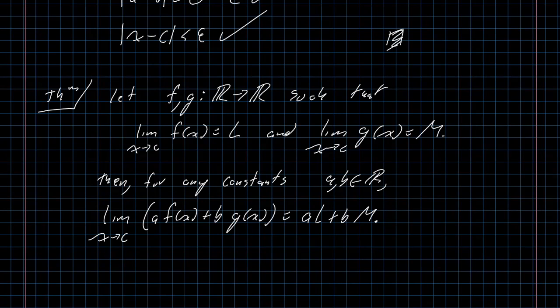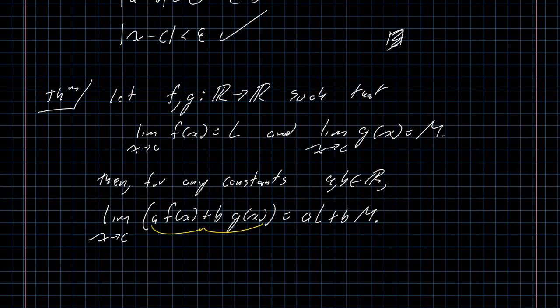Next one is a little bit messier, but this is going to be a key idea that we're going to see quite a bit of. And you might recognize it from when we were talking about combining functions. We're looking at the limit of a linear combination, a times some function f plus b times some function g.